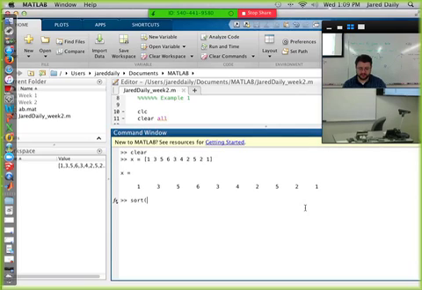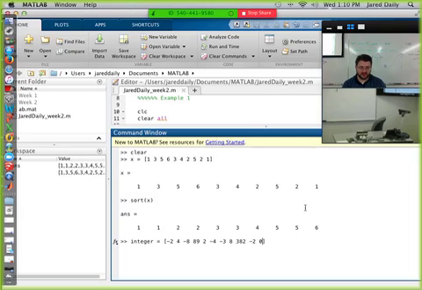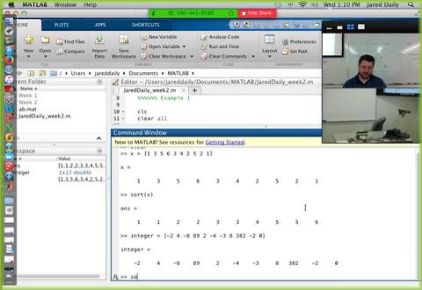We have a function called sort. So if I sort x, let's see what happens. It's going to sort it from smallest to biggest, essentially. And it does integers as well. So if I call an array of integers here, and do -2, 4, -8, 89, whatever, it recognizes integers as well, and I can sort that.